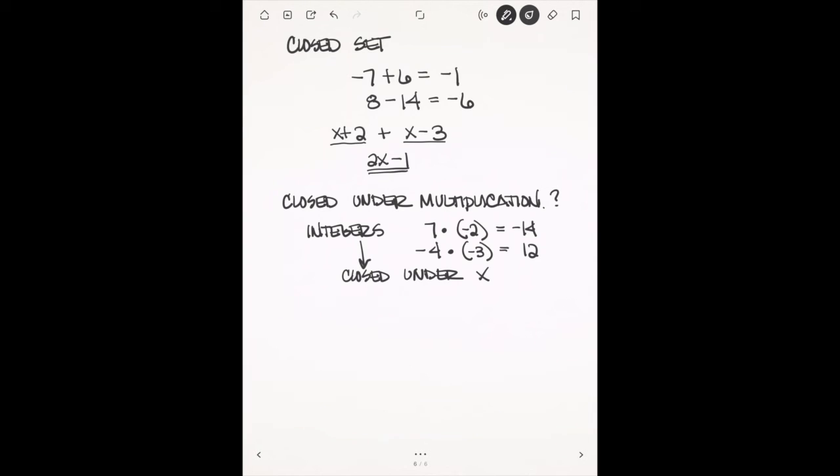Okay, now what about, and they specify this in the book, they say one variable polynomials. Can you multiply two one variable polynomials and get another one?